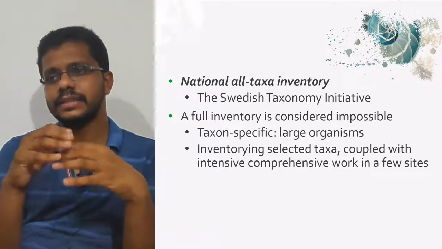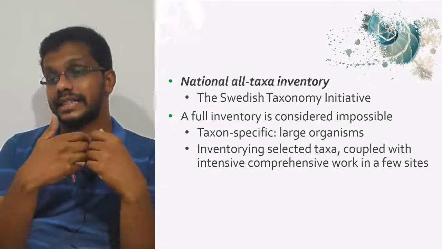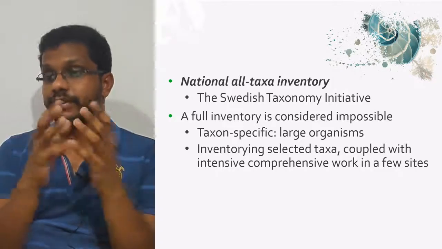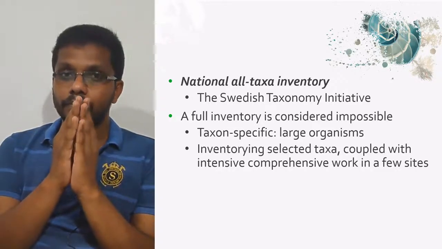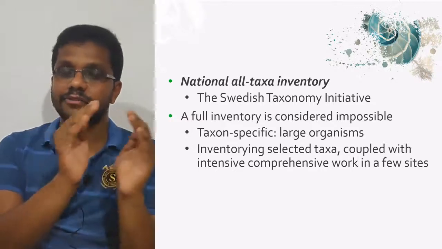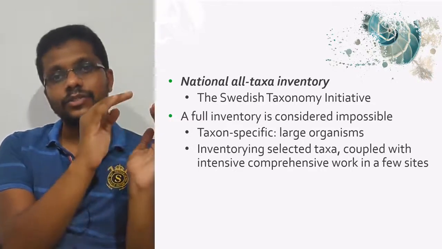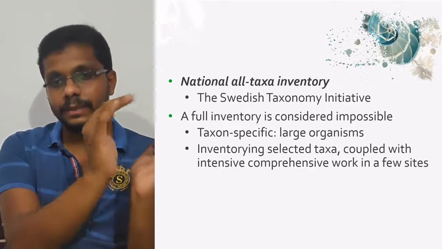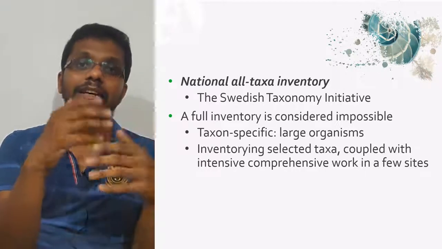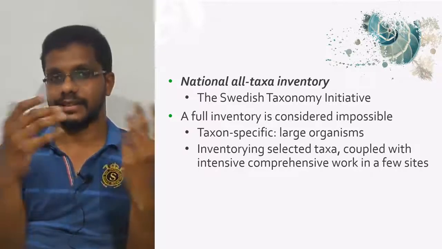And the second strategy, which is the more accepted and more scientific way, is to make inventories in such a way that we study some of the areas in detail, and based on studying this limited area, we project or estimate the biodiversity in other areas.